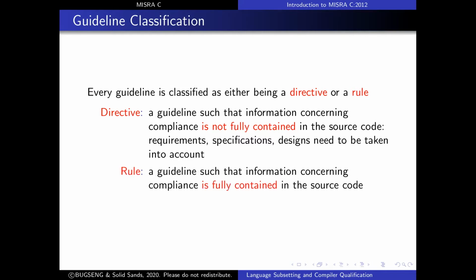Whereas when the information about compliance is only contained in the source code and in the implementation defined aspects of the implementation, then it is called a rule. A rule can be machine checked if it is decidable. We have no time now to delve into the difference between decidable and undecidable rules. However, just take into account that a directive is only machine checkable if you provide further information, and a rule in principle is machine checkable.